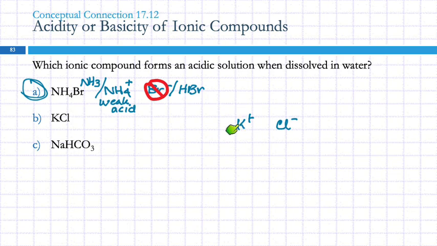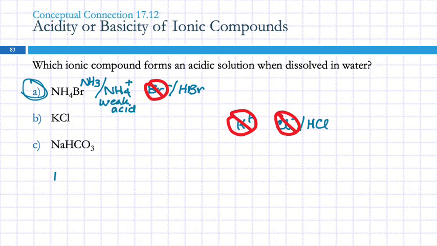This is a counter ion of a strong base. So does it act as anything? No. Here's our anion. We can write the conjugate acid for that. The conjugate acid is strong, so this one gets canceled. Can't do anything. So that one would be neutral. Neither of them do anything.